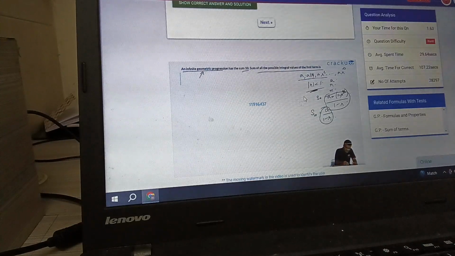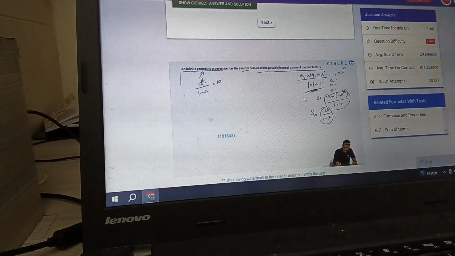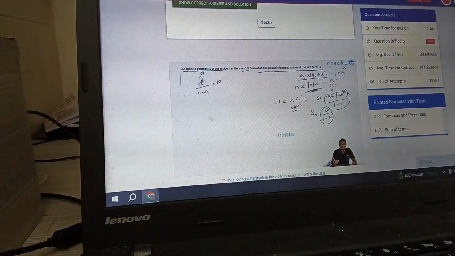Over here we are told that there is an infinite geometric progression such that its sum is equal to 10, and we are required to find all the possible values of the first term, which is a. As we discussed earlier, the modulus of r is less than 1, so r lies between minus 1 and 1, and r will not equal 0 because a common ratio of 0 doesn't make any sense.